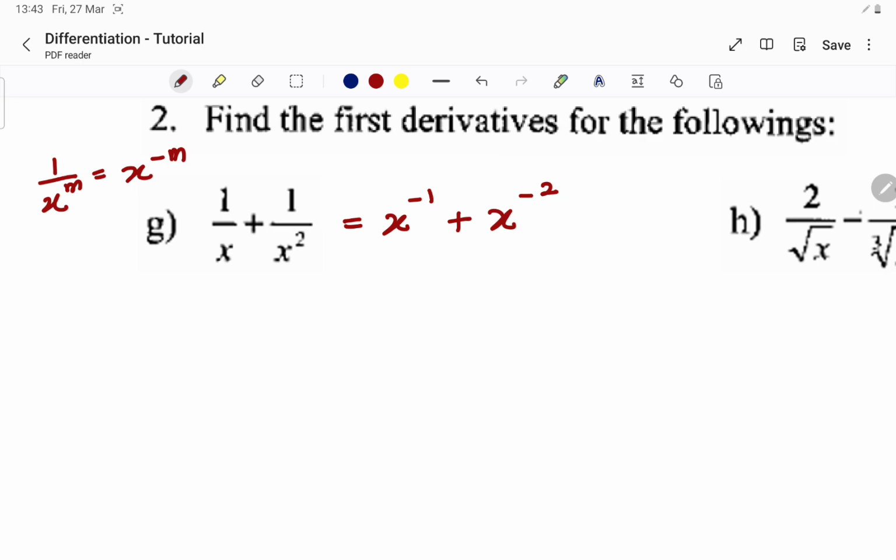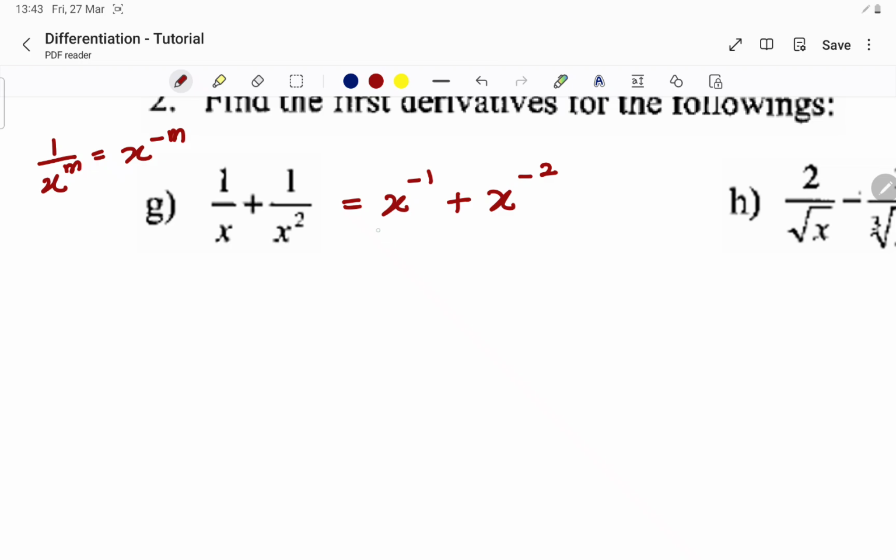Now what you have to do is differentiate this one by one. When you want to find the first derivative, x to the power of negative 1, you bring negative 1 in front, and you copy x to the power of negative 1 minus 1.